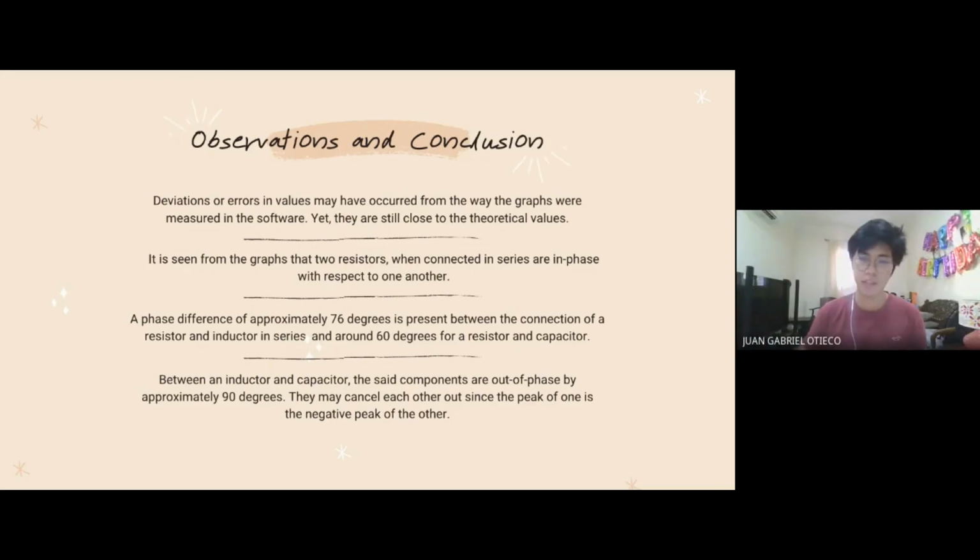Finally, there is a significant increase in the time delay and phase angle difference between an inductor and a capacitor. The said components are out of phase by approximately 90 degrees. As a result, they may cancel each other out since the peak of one is the negative peak of the other. And that is all we concluded.